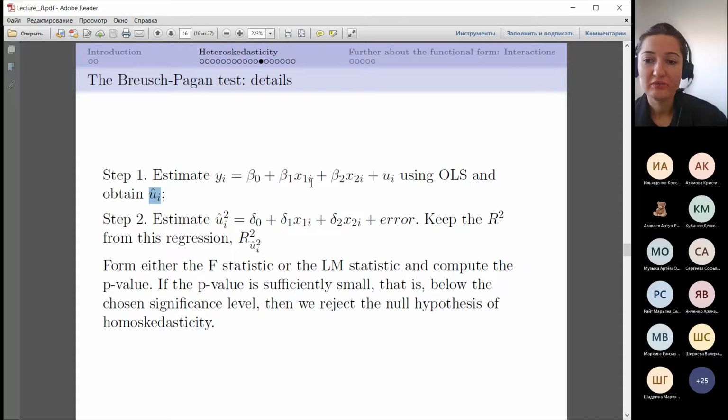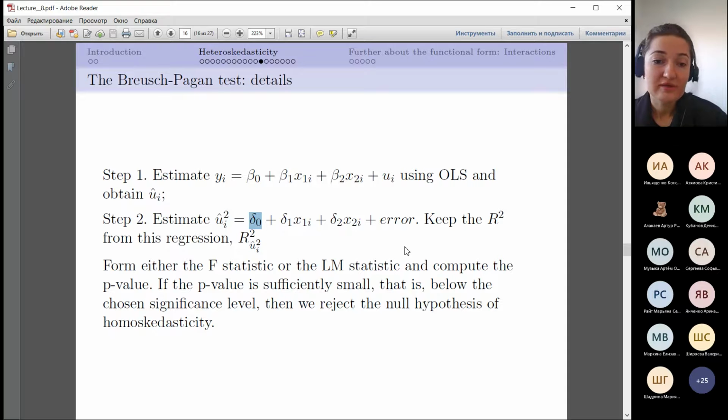Why do we need this regression? Because we want to obtain the R-squared indicator from this regression. So then we keep the R-squared from this regression and test the null hypothesis that all these coefficients equal 0. And the dependent variable, I want to remind you one more time, here is the squared residuals, yeah? Because of this, we can conclude something about the R-squared with a special statistic.